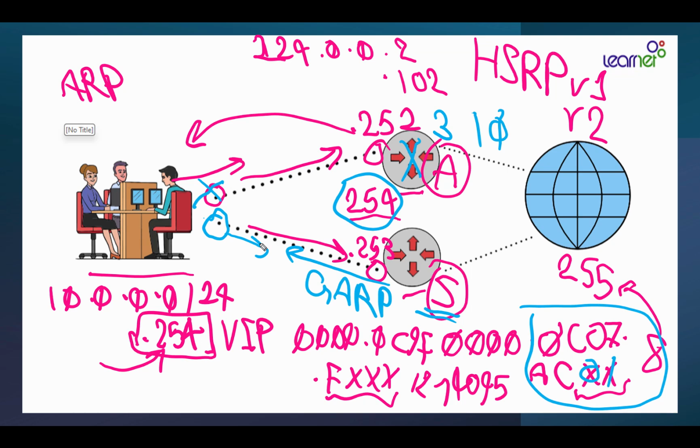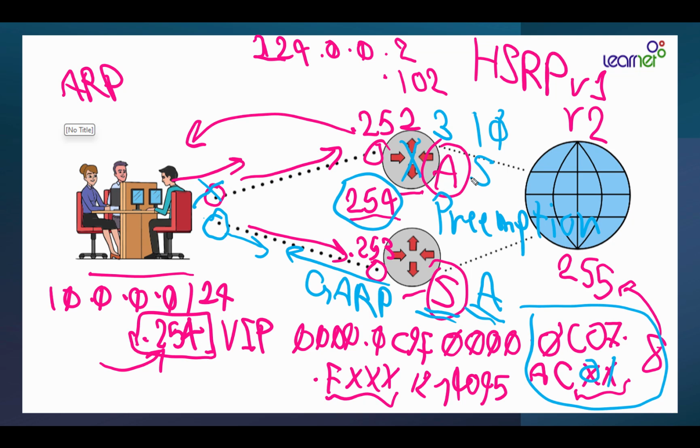The other question is, if this device is dead and this one now becomes active, what happens if the first router comes back? Will it take its active role back or not? By default, for HSRP, not. This feature is called preemption. If the active comes back, preemption is not enabled by default, so this one will remain active and the other will become standby.